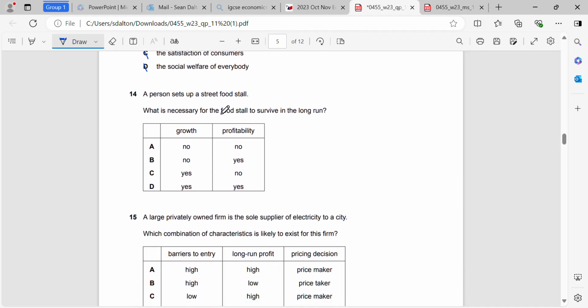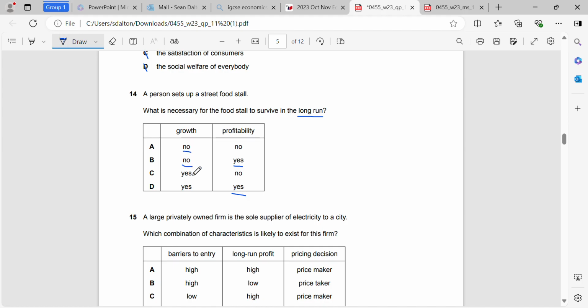A person sets up a street food stall. What is necessary for the food stall to survive in the long run? Okay, so if you think about it this way, most businesses that start, over a short period of time, can survive if they're not profitable. However, over a long period of time, you have to be profitable in order to survive. Otherwise, you will run out of money and your business will not be able to survive. Do you have to grow?